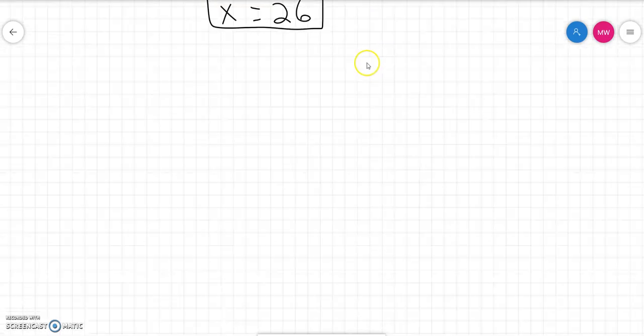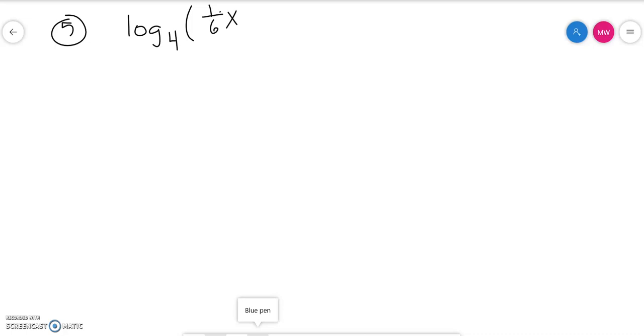The next one we're going to take a look at is number 5. So number 5 on checkpoint number 2 says log base 4 of 1 over 6x minus 2 equals 0. And notice that there's not a number out in the front of this one. It's just that logarithm.